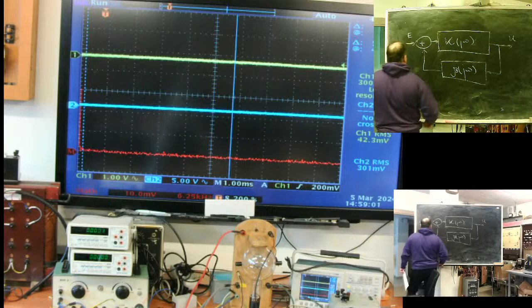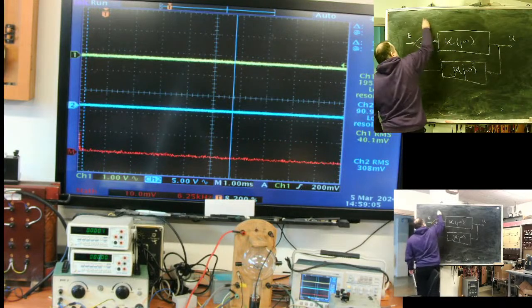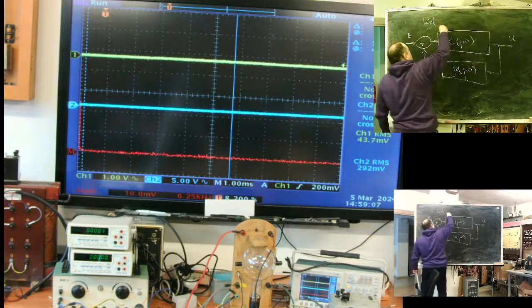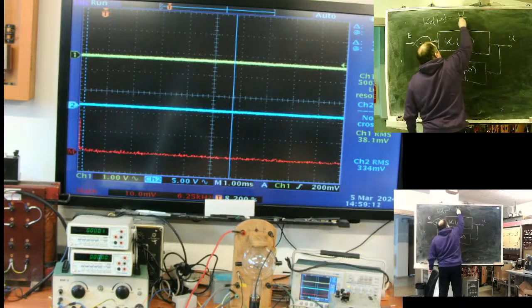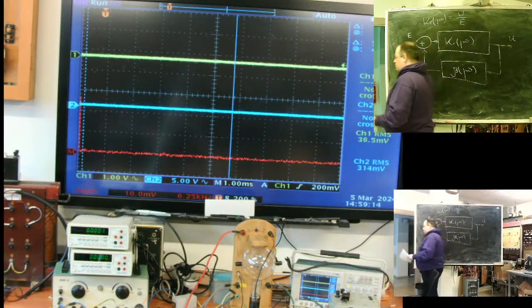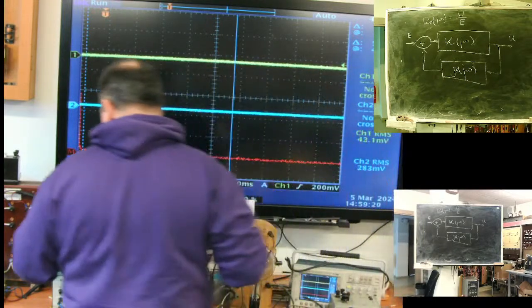So I'm interested in the real transfer function. I'm interested in the ratio against E. Transfer function of the whole system.